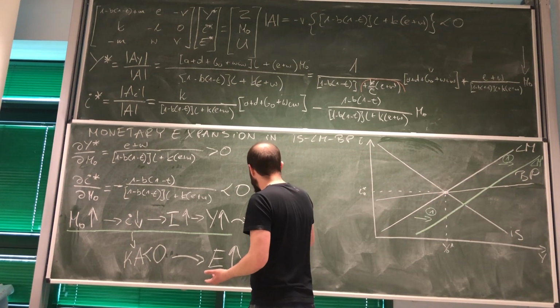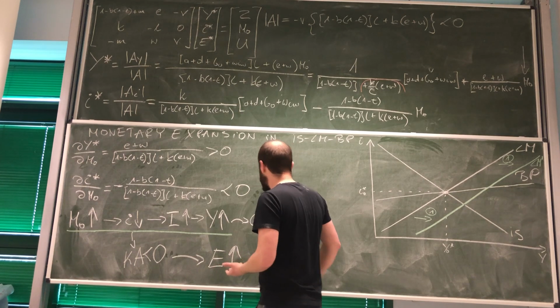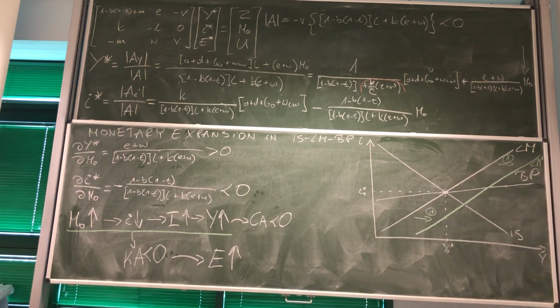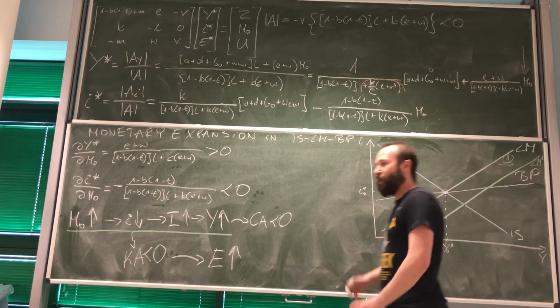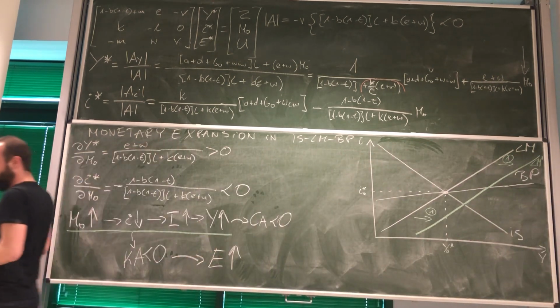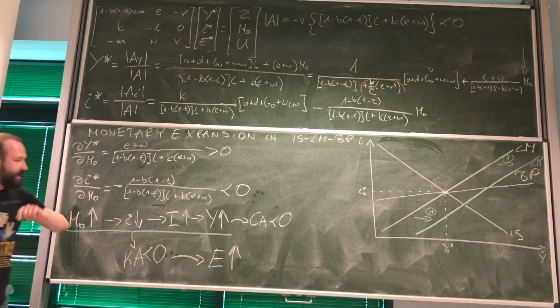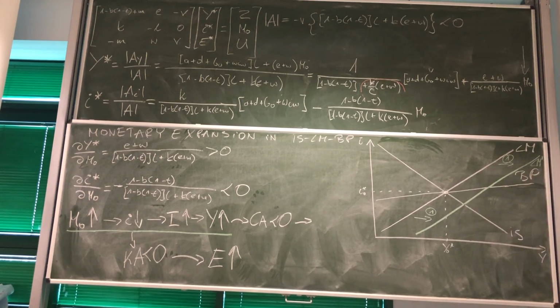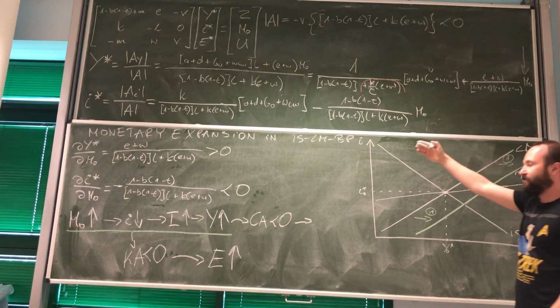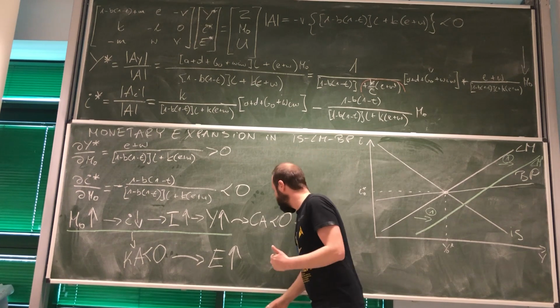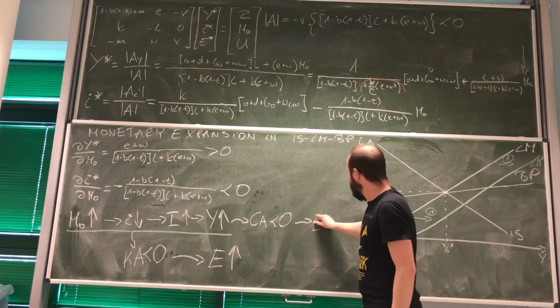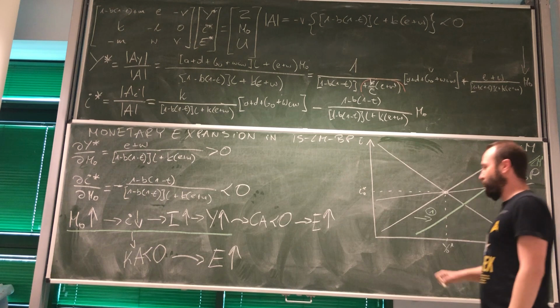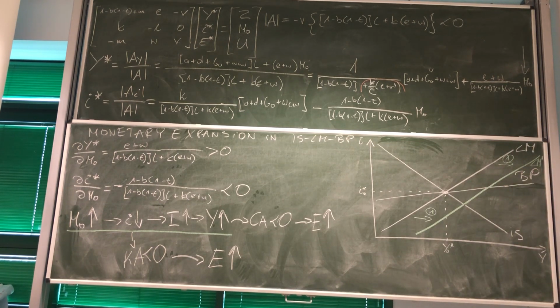So the current account in this case also goes into deficit, because higher income in our country means we can import more goods, right? And again, if the current account is in deficit, it means that we need more foreign money than foreigners need our money, right? So this is a second source of pressure on depreciation.